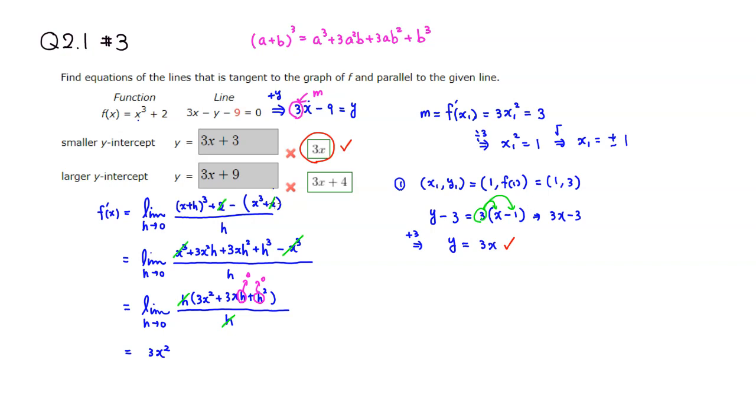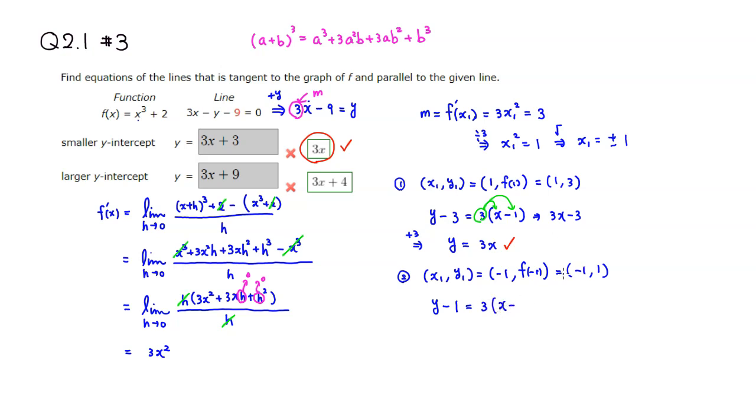And the next one, we're going to take x1 to be the other number, because it's either plus 1 or negative 1. So it's going to be negative 1. If you plug in negative 1 for x, you get negative 1 comma, and negative 1 cubed is negative 1 plus 2, so it's going to be 1. We can find the equation just like before. y minus y1, which is 1, is equal to the slope 3 times x minus x1.